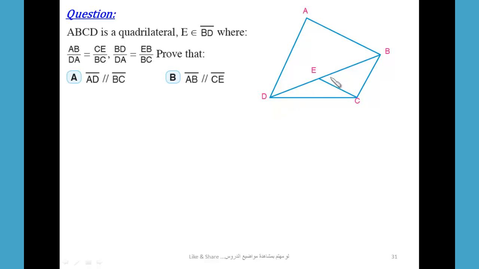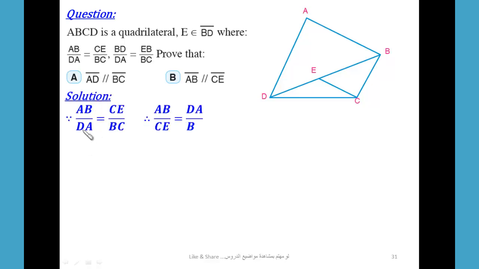The same with respect to the second required. If these two angles, BEC and ABE, are equal in measure, then you can say AB is parallel to EC. How to prove that these two triangles are similar? We'll use the given as follows in the solution.